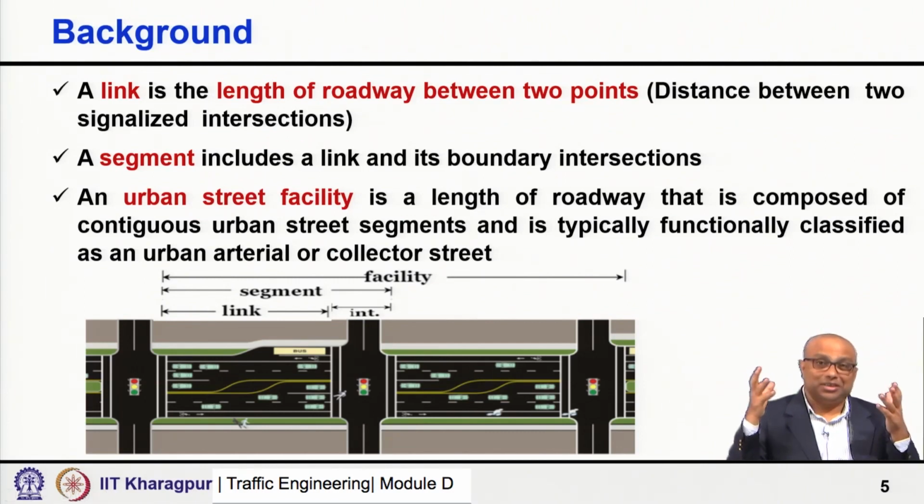You know what collector street functions and what urban arterials are expected to serve. Urban arterial mobility function will be higher than the collector streets. Similarly, the access function will be higher for collector streets as compared to urban arterials.